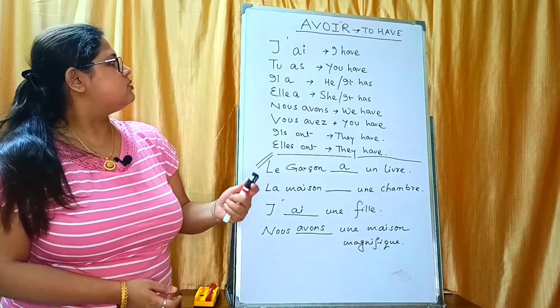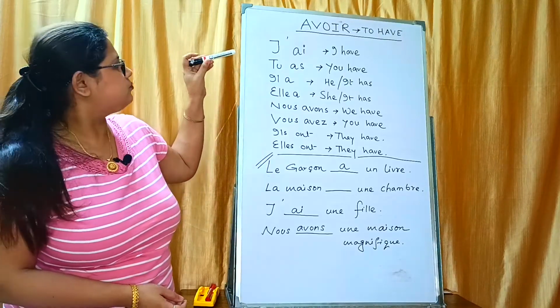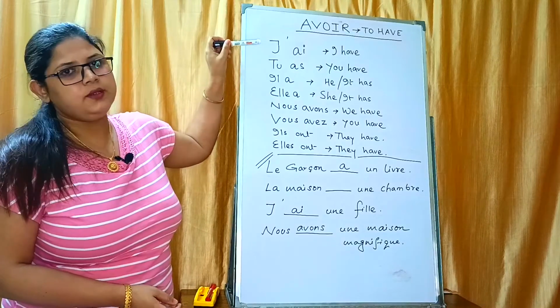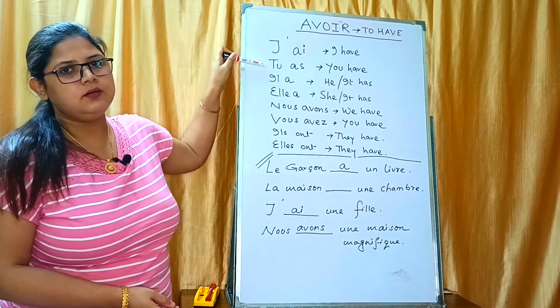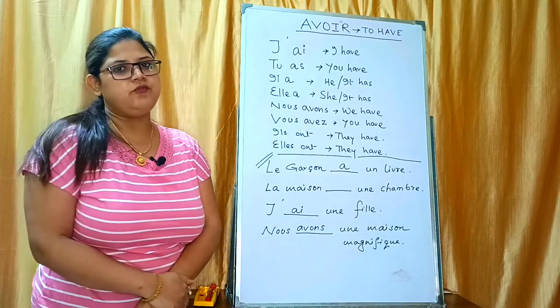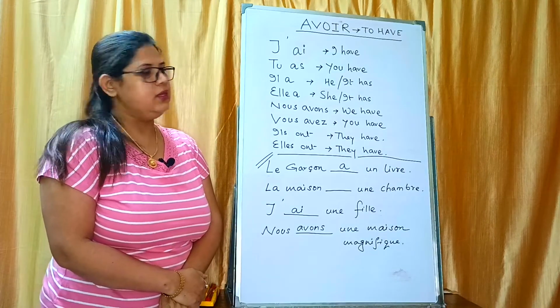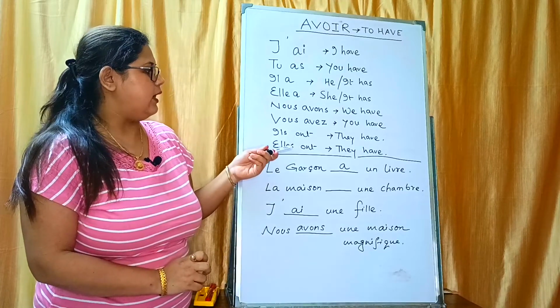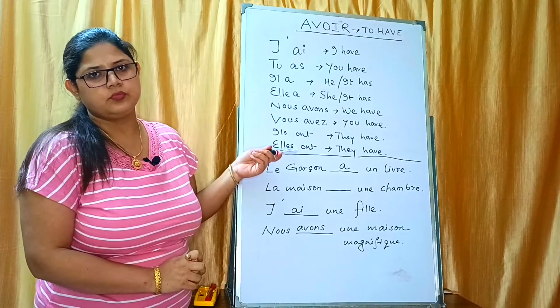So just starting with the conjugation. J'ai, tu, il a, elle a, nous avons, vous avez, ils ont, elles ont. Okay?